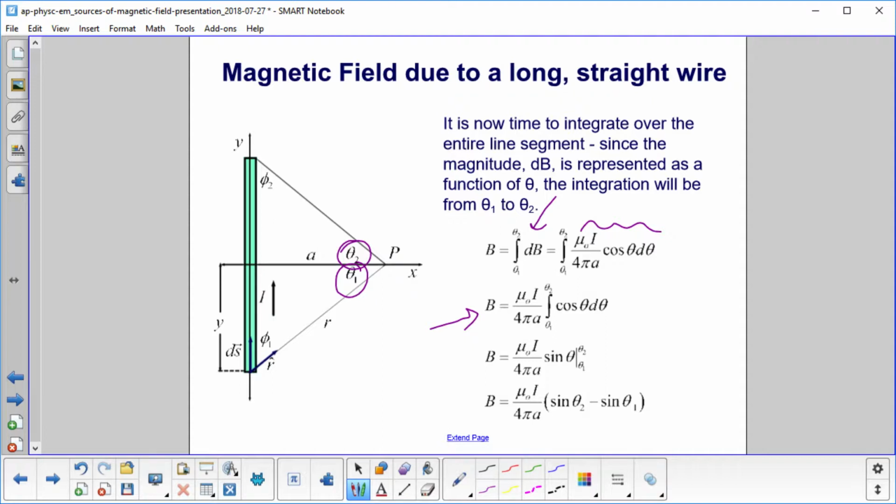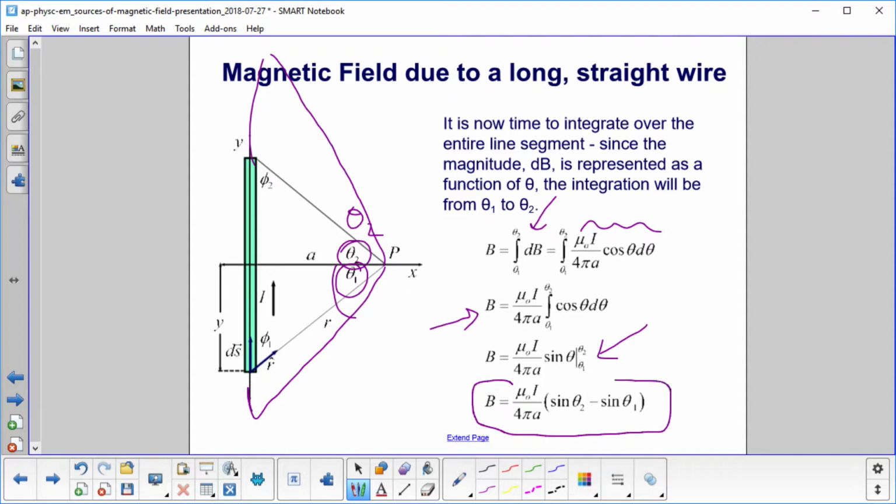Well, the integral of cosine theta is sine theta. And then we evaluate it between theta 2 and theta 1. So if the line were bigger, this whole thing would be theta 1. And if it went to this side, this would be theta 2. So we now have an expression in terms of theta, and the theta 1 and theta 2 actually determine how long the line is, the long straight wire is, how long the wire is.